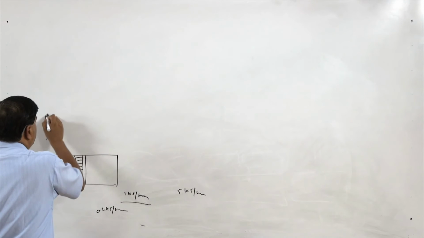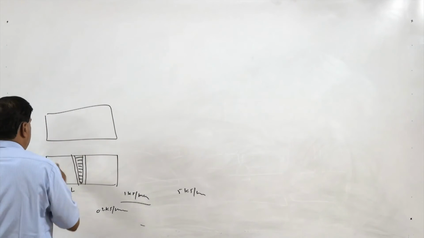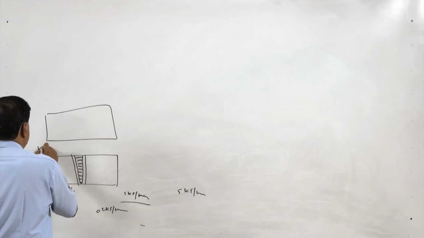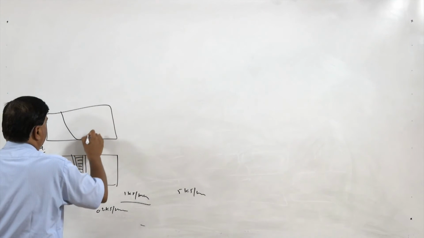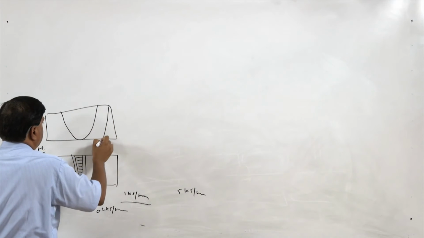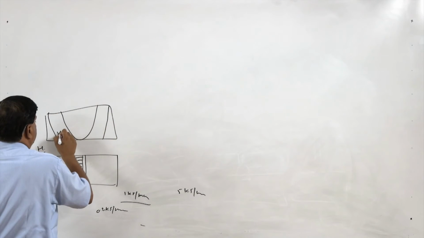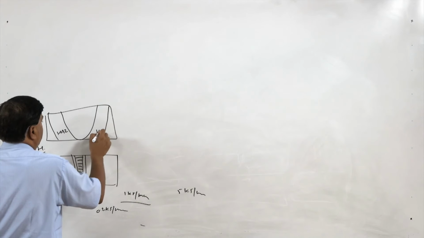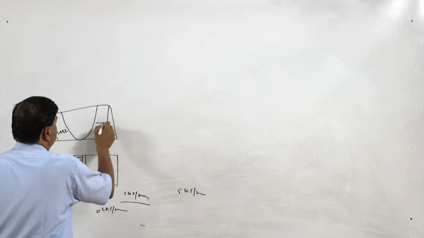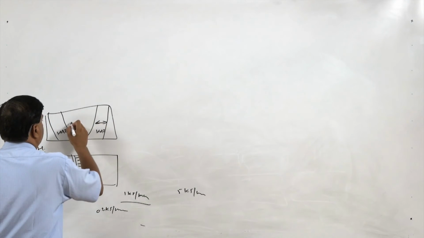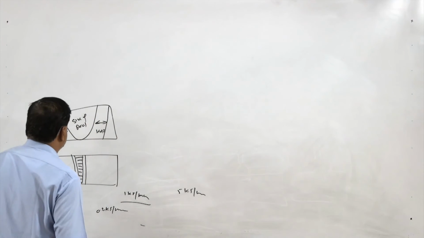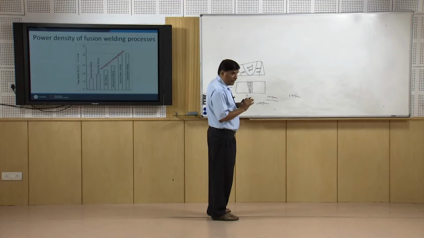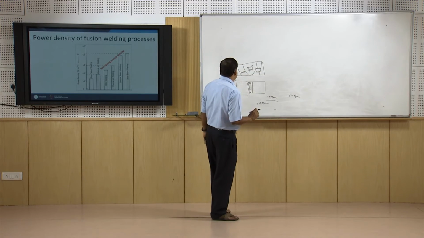But if you work with somewhat higher heat input, then the size of the weld will increase, and the size of the heat affected zone will also increase. So the width of the heat affected zone and the size of the pool both will increase. These two things play a big role as far as welding is concerned.